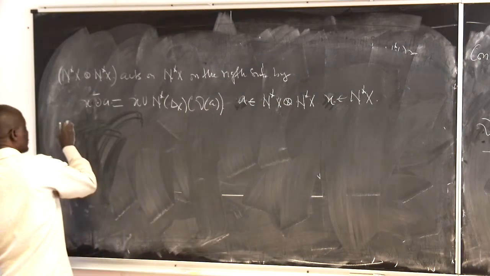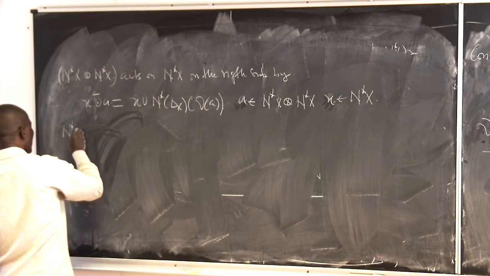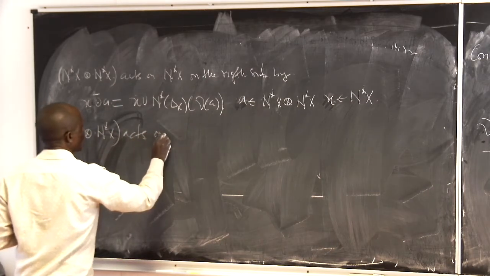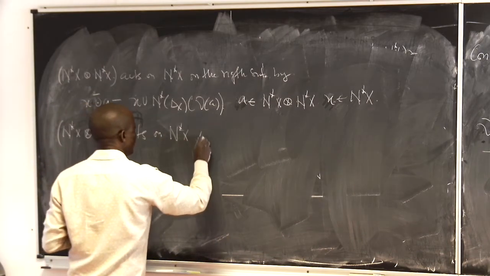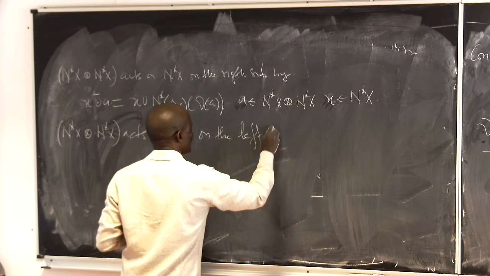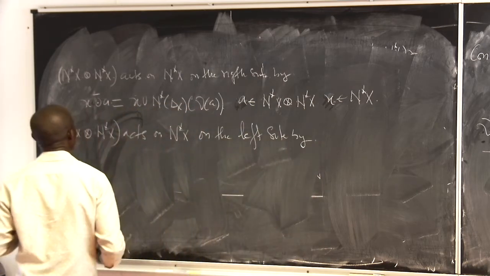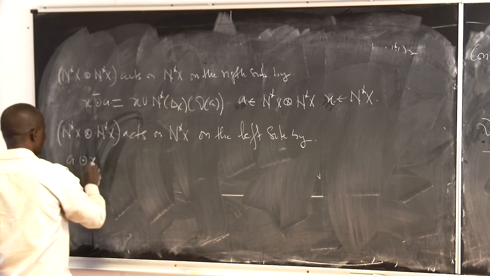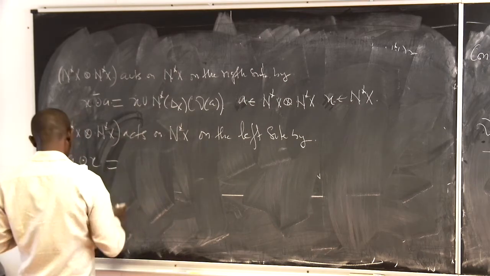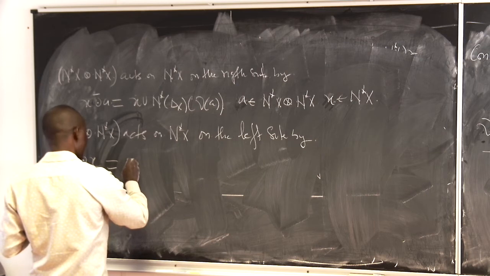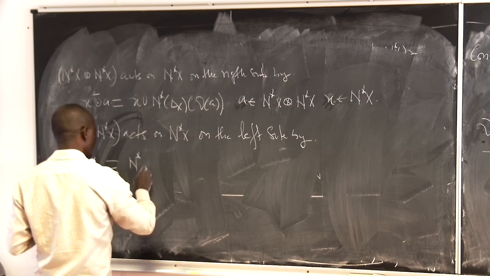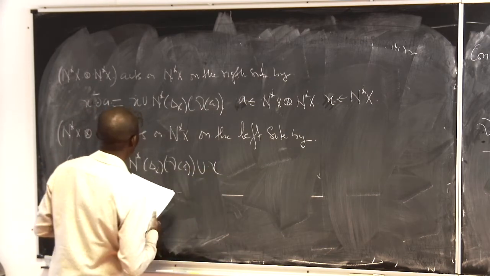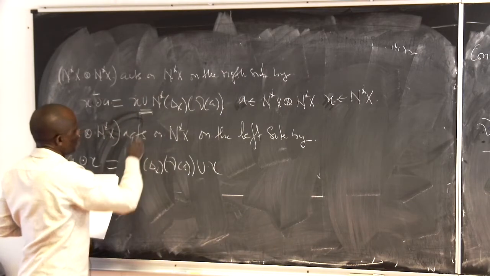And then nx acts on the normal singular quotient on the left side by the action I denoted yesterday, equal to the cup product defined on the normal singular quotient.